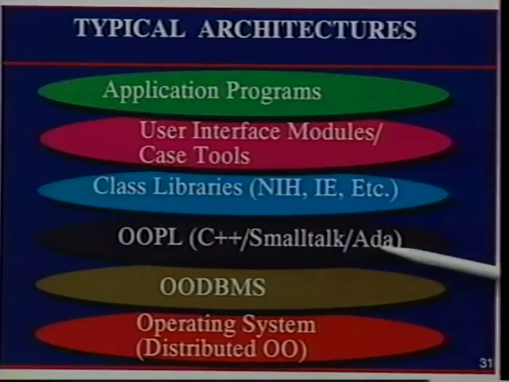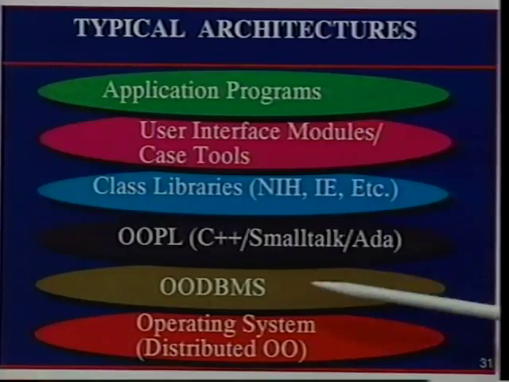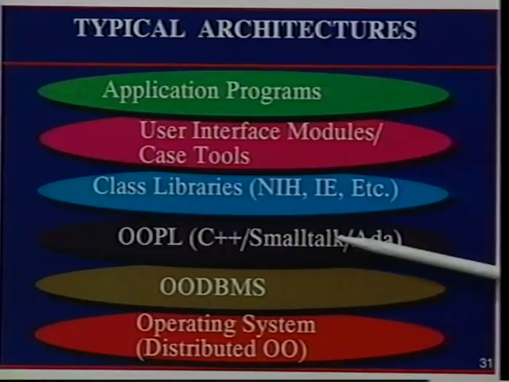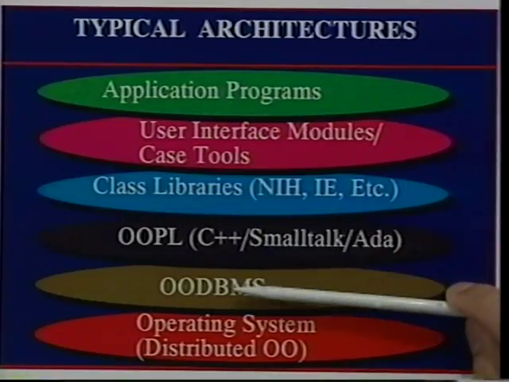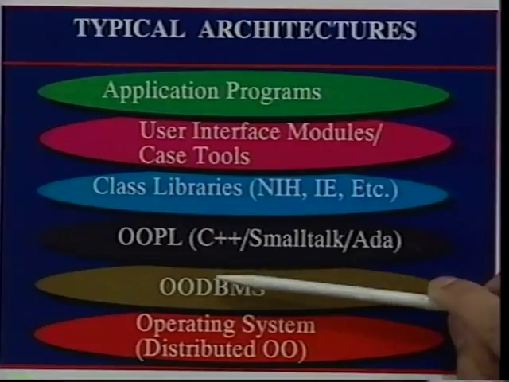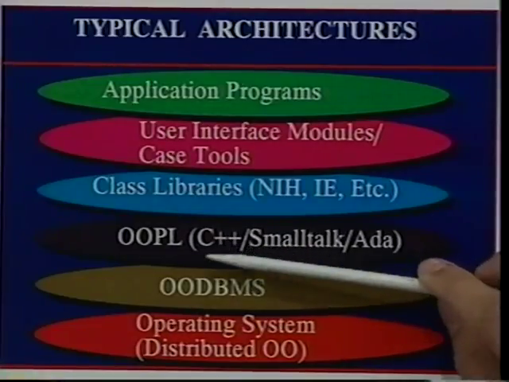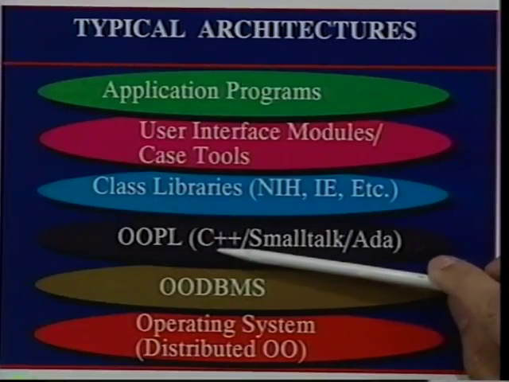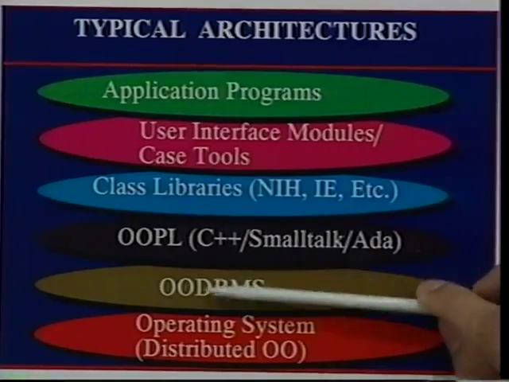In terms of the languages, we might see several over the databases. We might see object-oriented programming languages such as C++, Smalltalk, and Ada built over object-oriented database systems. These are extensions of the current C++ language but provide persistence automatically.